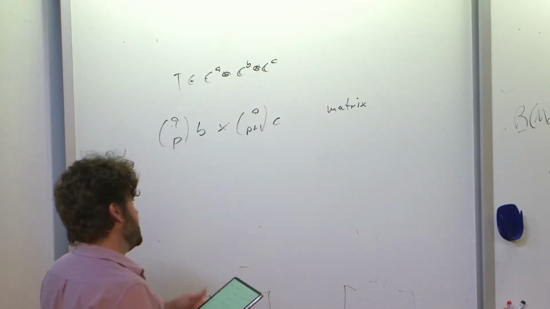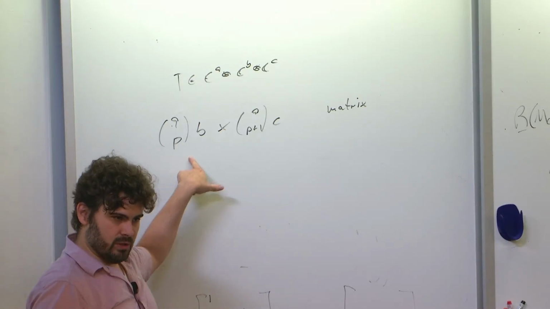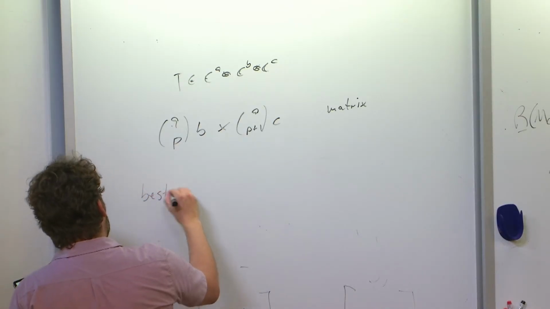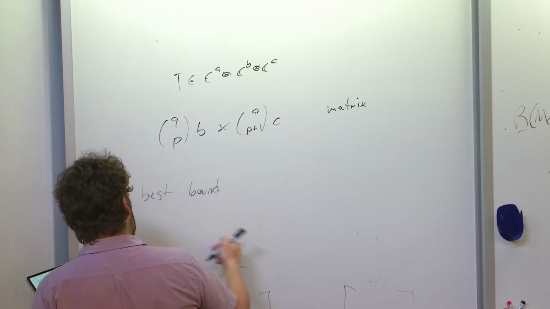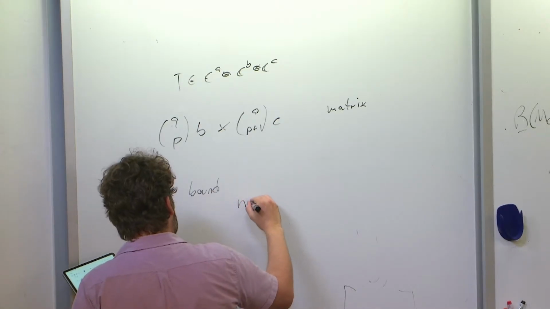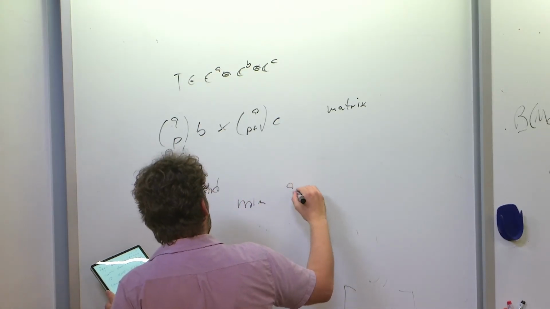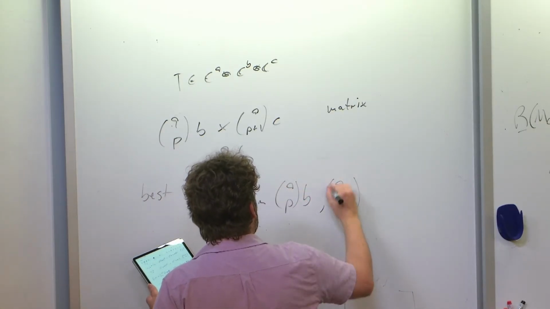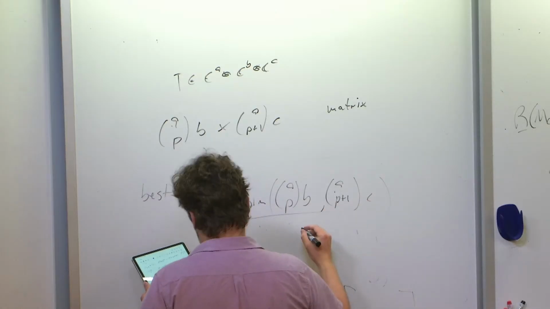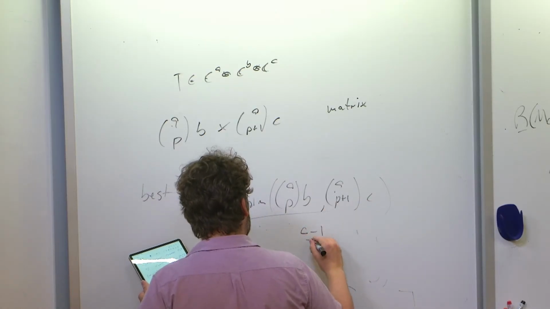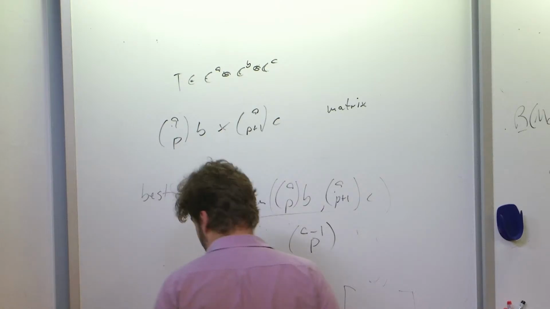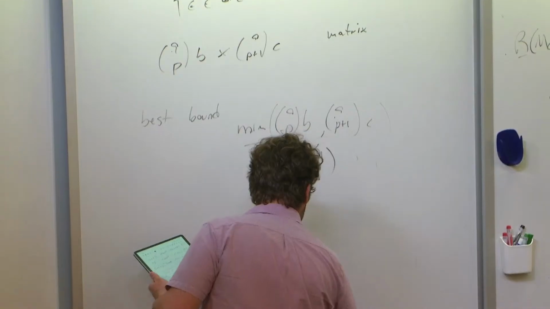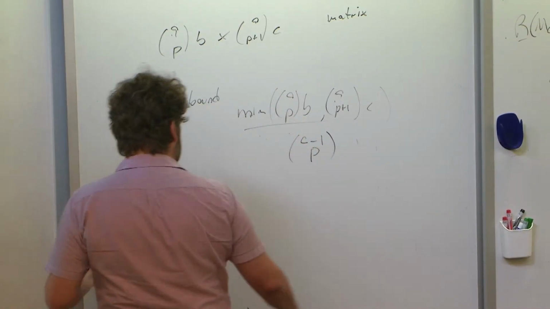So being most optimistic, this thing is full rank. It has rank the smaller of these two dimensions. So the best bound I can show, just from the numerics, is the smaller of (A choose P) B and (A choose P plus 1) C, divided by (A minus 1 choose P), this denominator, the rank of the flattening of the rank 1.